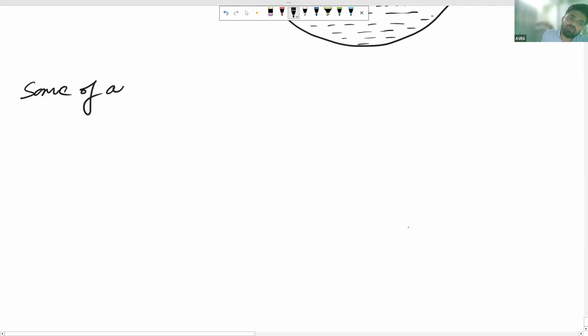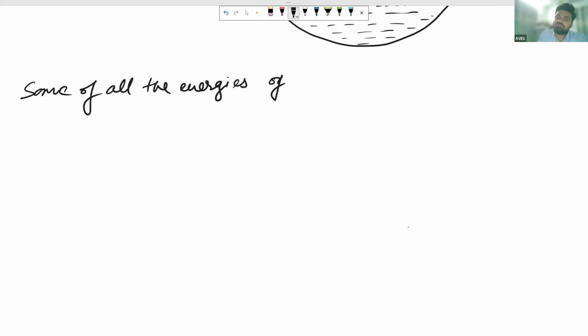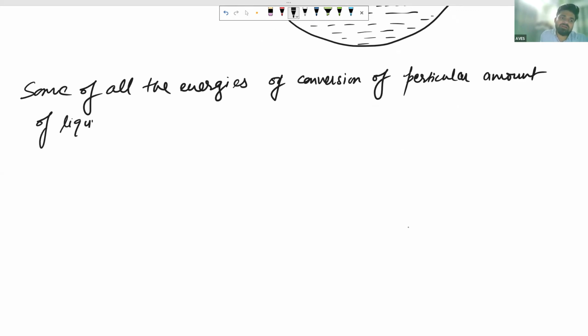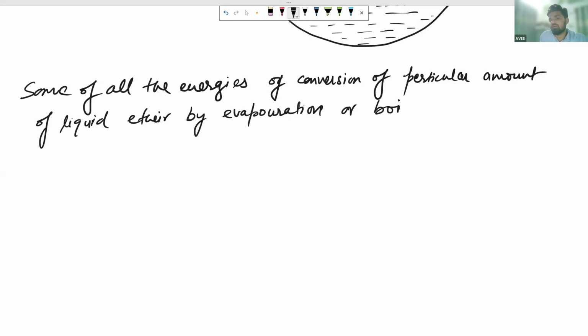Sum of all the energies of conversion of a particular amount of liquid, either by evaporation or boiling, will be the same.